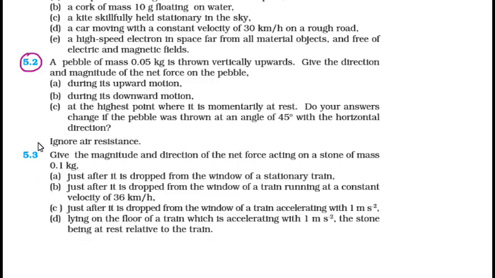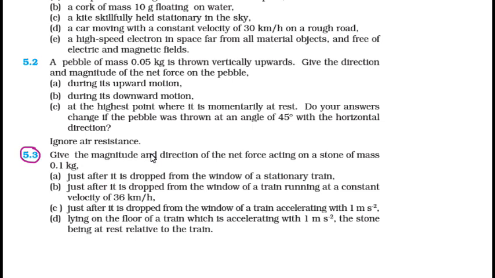Now let us check the next question, that is 5.3. Ignore air resistance. Give the magnitude and direction of net force acting on the stone of mass 0.1 kg. A. Just after it is dropped from the window of a stationary train.